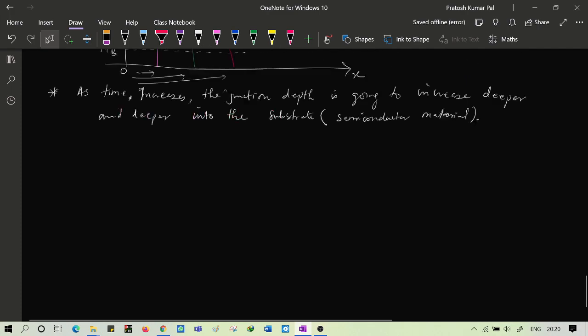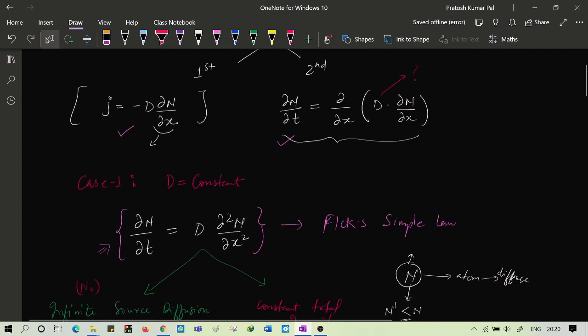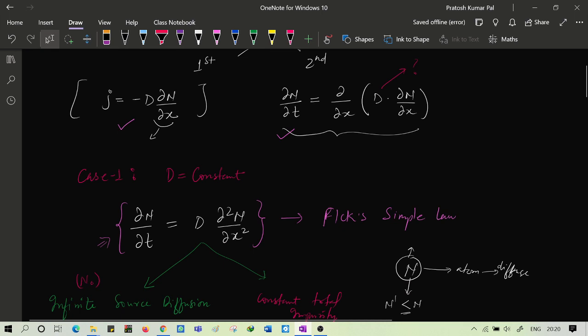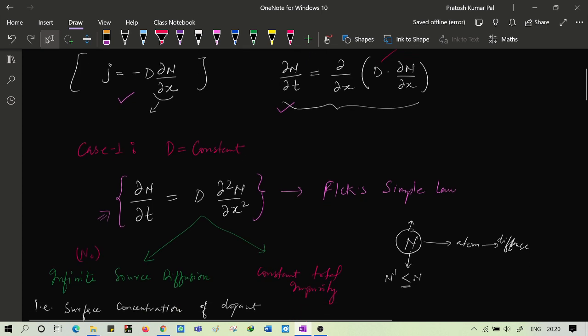In the previous one, it was a constant value in the case of infinite source diffusion. So we have seen case 1, where D, the diffusion coefficient, is constant, independent of the dopant, the dx value, that is the change in the diffusion depth.